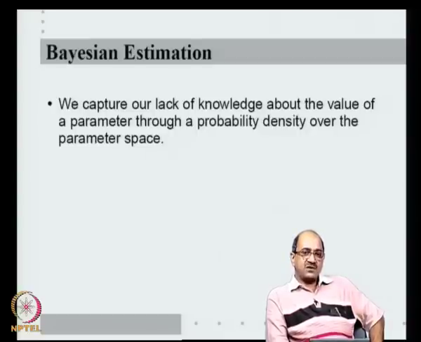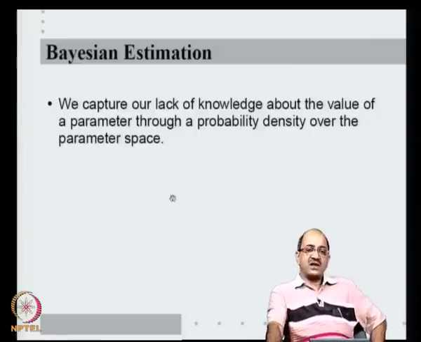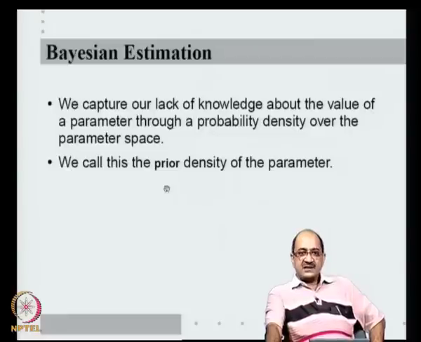For all possible values that the parameter can take, we put a probability density function, and we want this density function to capture whatever knowledge or lack of it that we have about the possible values that the parameter can take. Such a density is called the prior density of the parameter.